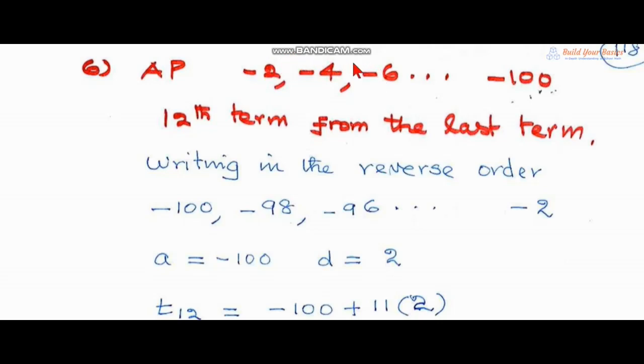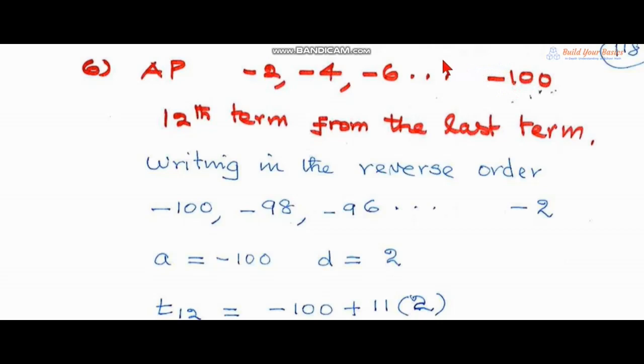-6, what's the preceding term? -6 plus 2, that is -4. What is the preceding term? -4 plus 2, that is -2. So the last term of the given AP is -100. What will be the preceding term? We have to add 2. So -100 plus 2, that is -98.